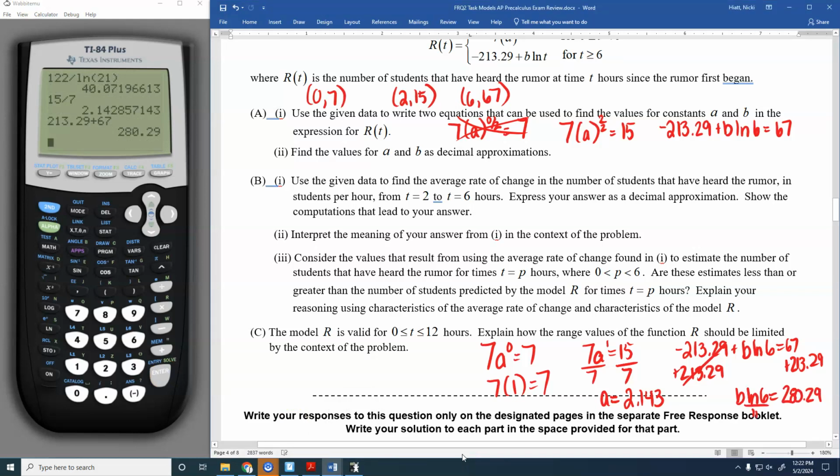We're going to divide by natural log of 6, and divide by natural log of 6 here. We're going to get 156.433.